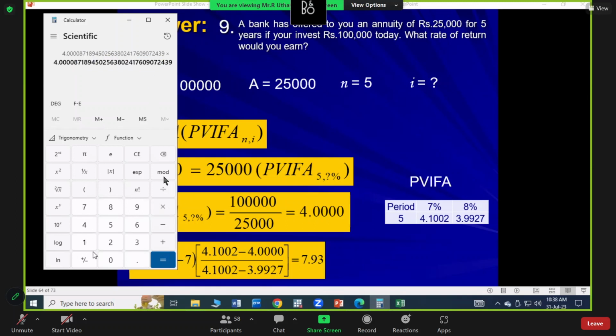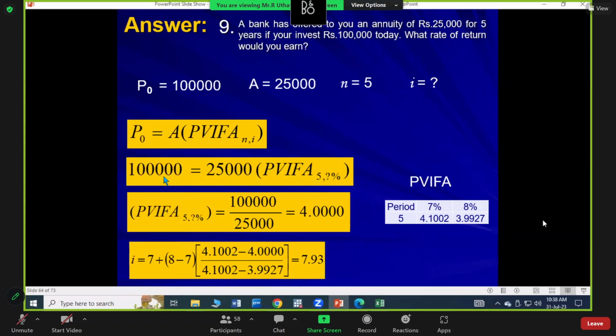You multiply by 28,000, and you can get the amount like that. So it's okay, confirmed. With that, we can conclude the approximation of 8%.